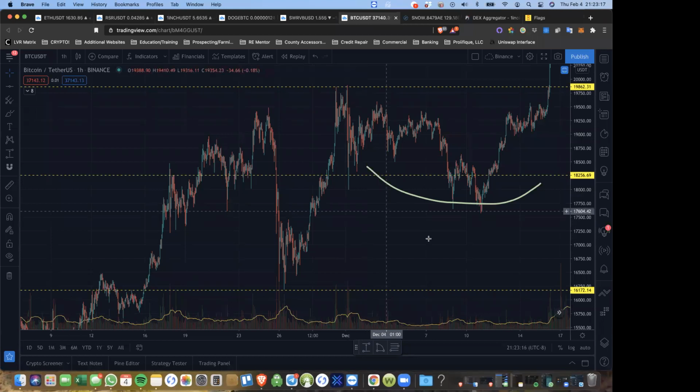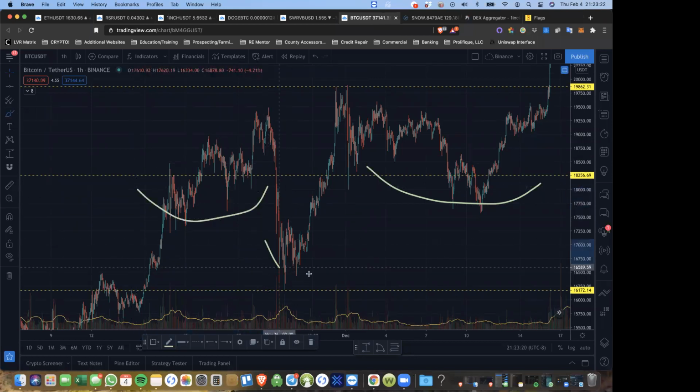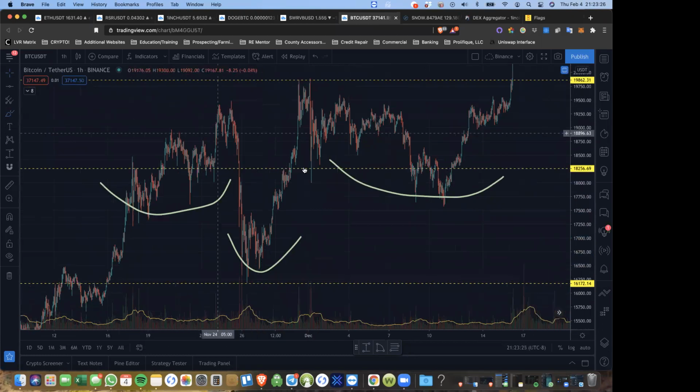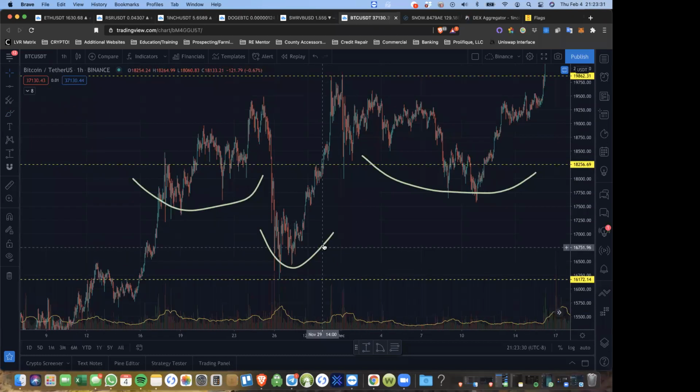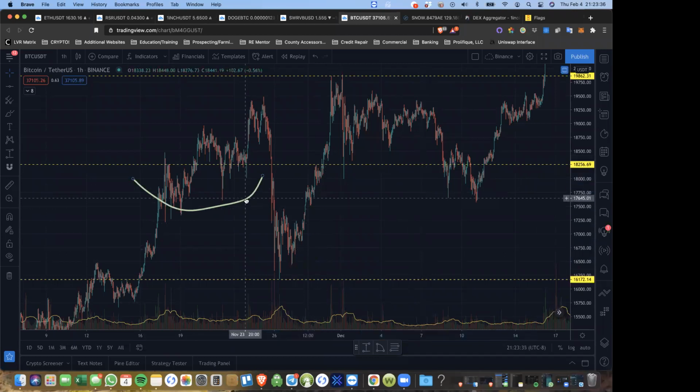Okay. So you see this bigger pattern here, right? We see this inverse head and shoulders, and what happens? It plays up. These inverse head and shoulders have a greater chance of playing up than down.